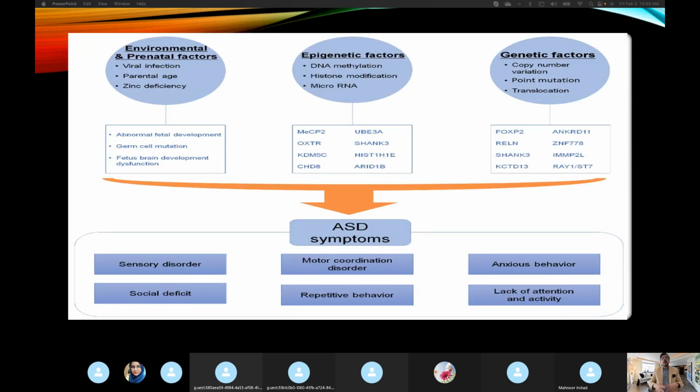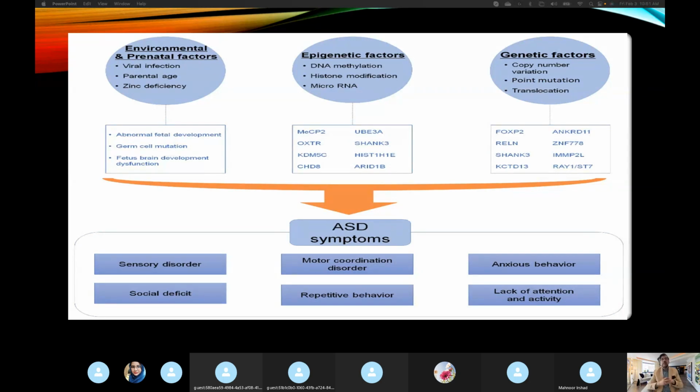So ASD symptoms, like the previous slide, if I explain it here, people say that there are environmental factors and prenatal factors like viral infections, parental age, zinc deficiencies, which can lead to abnormal fetal development, germ cell mutation, and fetal brain development dysfunction.